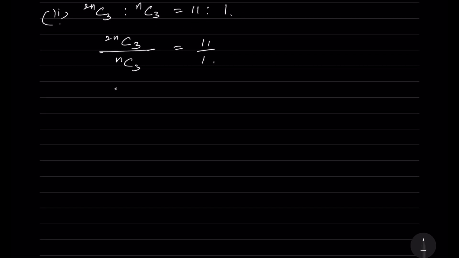How do you expand this? 2n factorial divided by 3 factorial into 2n minus 3 factorial, using the formula nCr is equal to n factorial divided by r factorial into n minus r factorial.